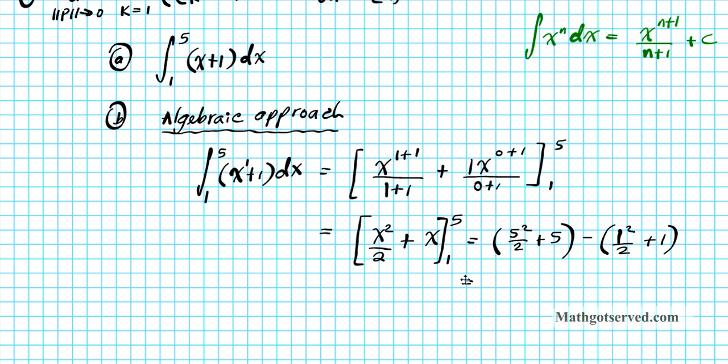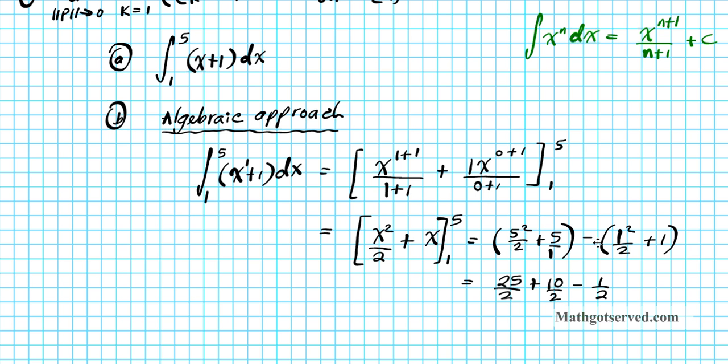If I simplify this part right here, we'll have 25 over 2 plus, let's express 5 as a fraction with 2 as its denominator. So 5 over 1 can be expressed as 10 over 2, minus, simplify this, 1 over 2.